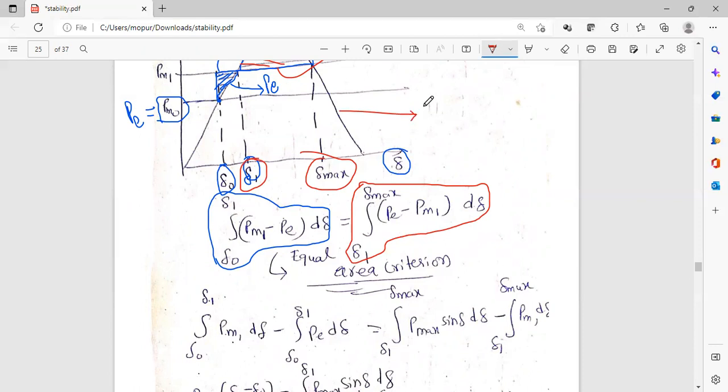We already derived this Pe equation, the power angle equation. This is the power angle curve, right? The relation, the curve between power and load angle delta. So Pe is equal to P max into sin delta. We had already derived this in steady state stability.